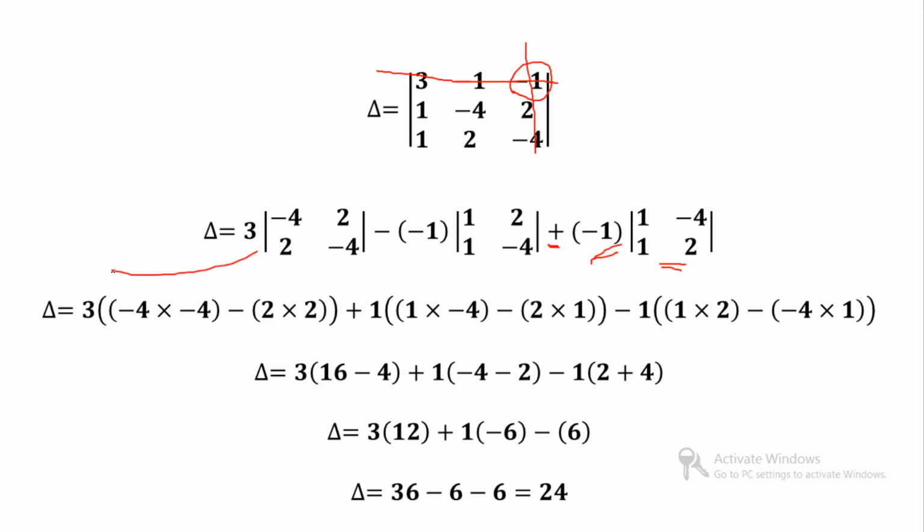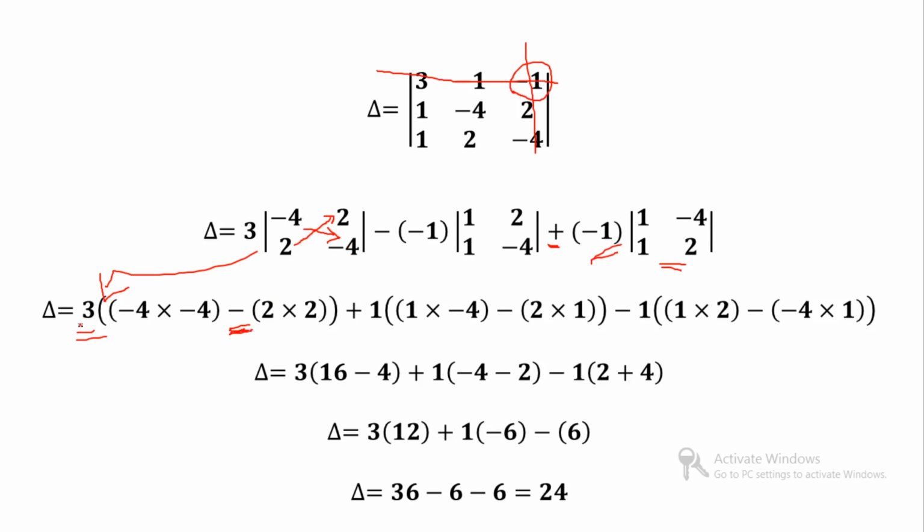Now, again further simplify this. So, I will write 3 as it is. Now, we have to multiply the diagonal elements. So, minus 4 into minus 4 and 2 into 2. So, this is the sign of formula. When we multiply the diagonal elements, we will consider the minus sign in between.